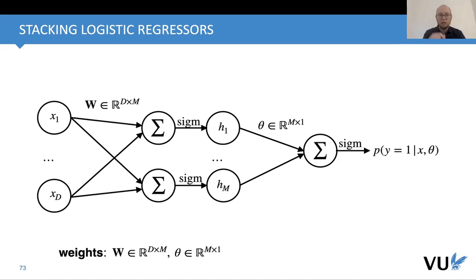This is denoted by bold W. Of course, the number of these hidden nodes inside is typically lower than the number of inputs. This is denoted by M. And then in the end, if we forget about X's and W and focus on H, we can say that again we have on top of that a logistic regression. So this is really like combining a lot of logistic regressors together.